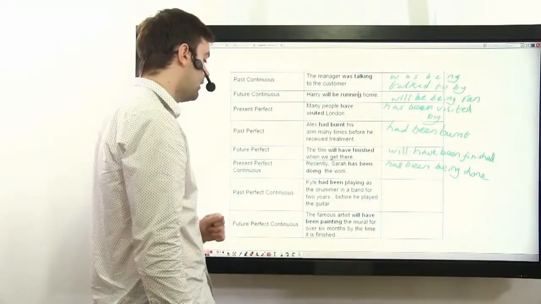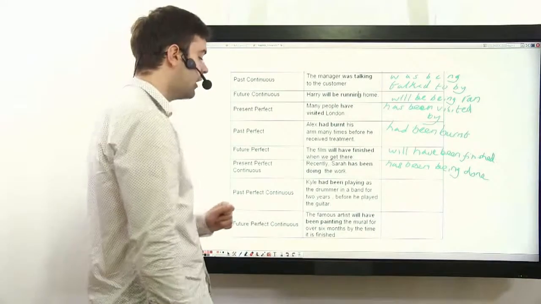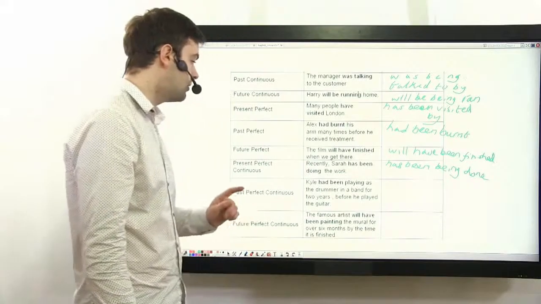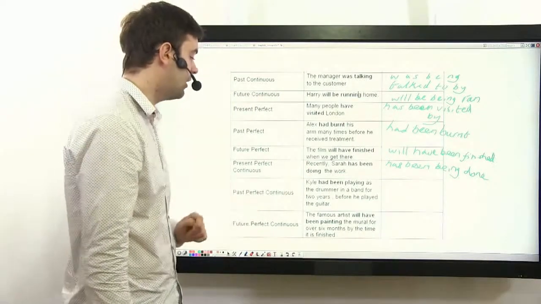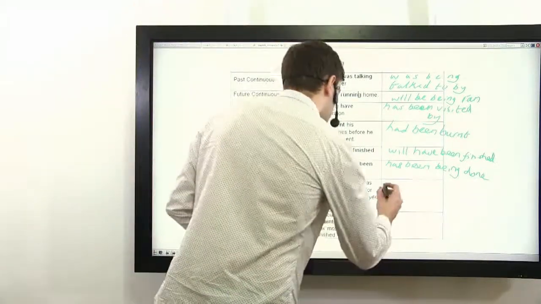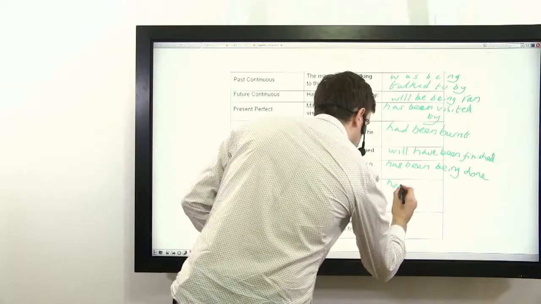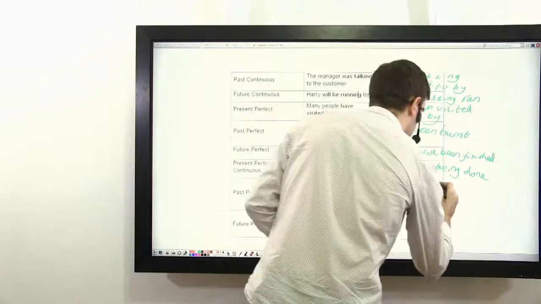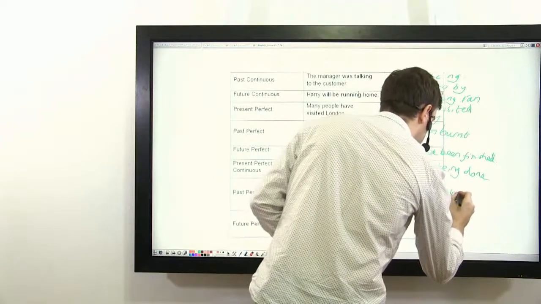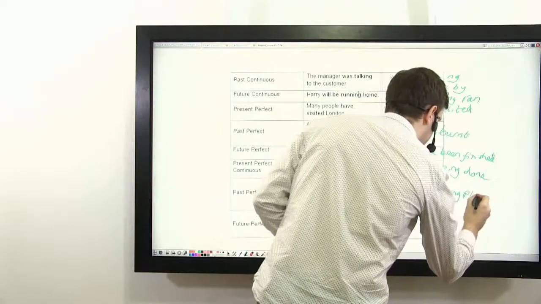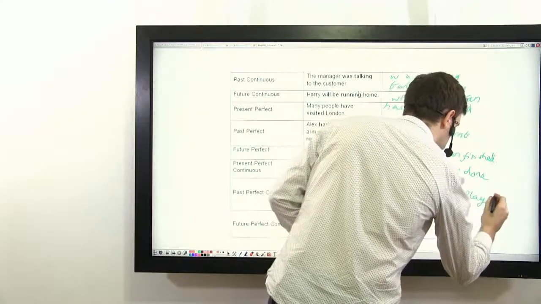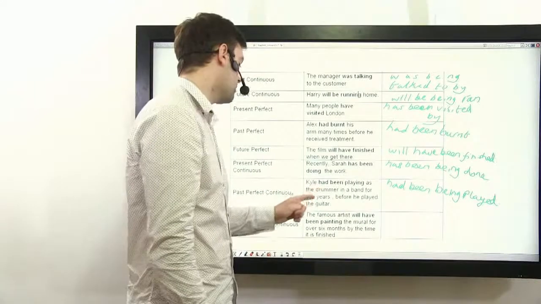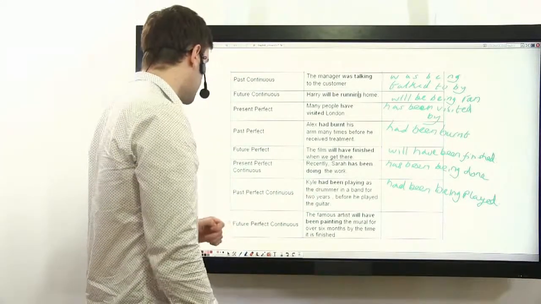Kyle had been playing as the drummer in a band for 2 years before he played the guitar. So we change this round. Instead of had been playing, had been being played. So, had been being played instead.